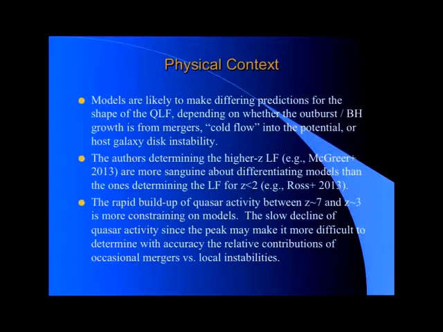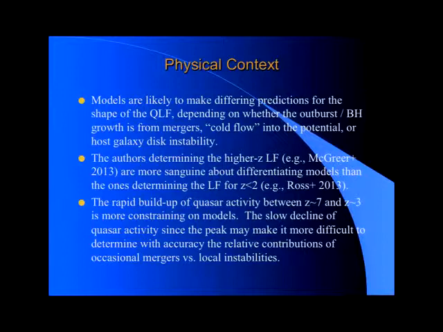Those models are likely to make different predictions about the shape of the quasar luminosity function, depending on whether it's mergers, cold flow into the local potential, or local disk instabilities. Observers of the high-redshift luminosity function feel they're going to be able to constrain those models, because there was a lot of action between redshift 6 and redshift 3 in a short time, so the shape of the LF might tell you something.